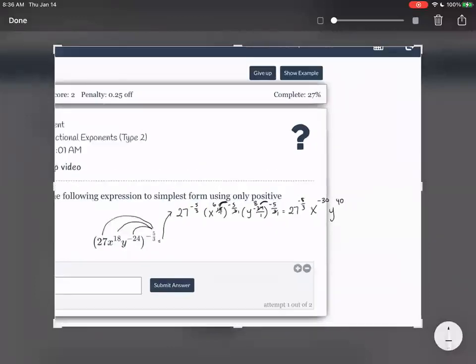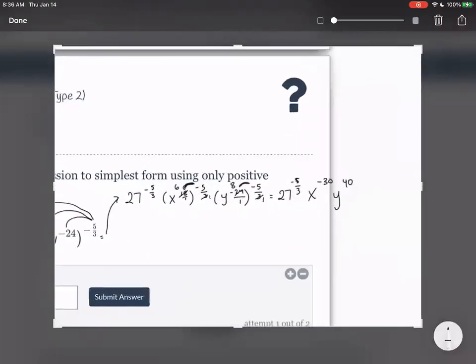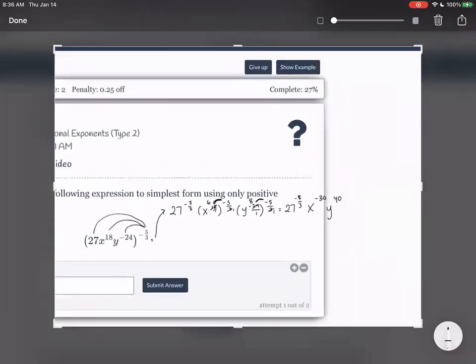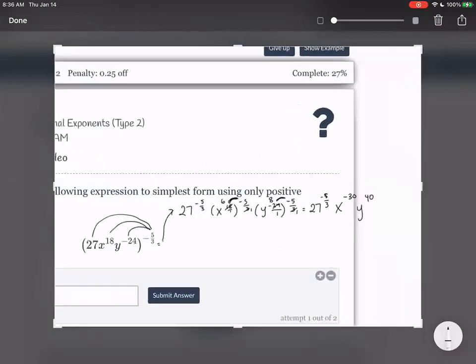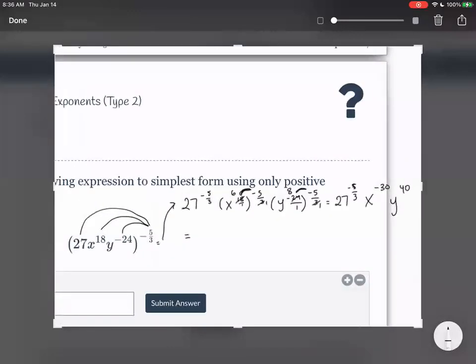Where do I have space? I'm going to write on the bottom here. Okay, so all of this is technically over 1. So anything that has a negative exponent, those two, the 27 and the x, I'm going to move those to the bottom. The y has a positive, so it can stay on the top. So y to the power 40 stays on the top.